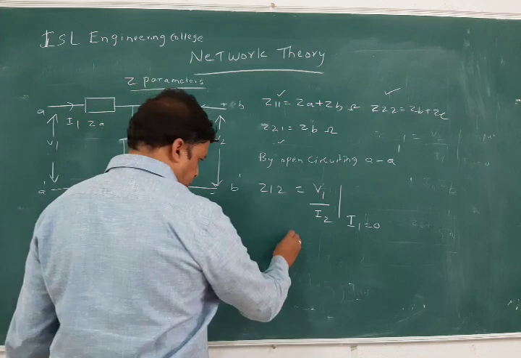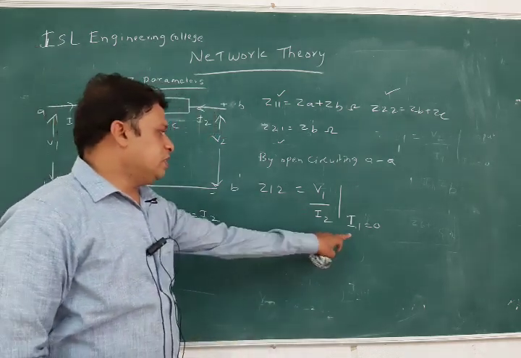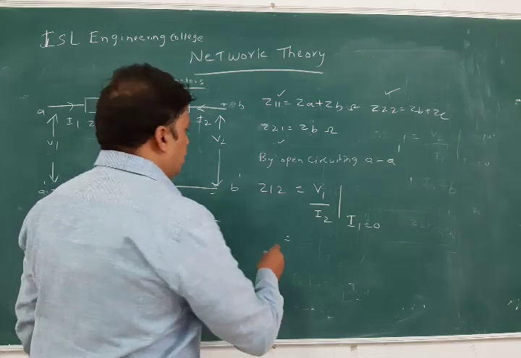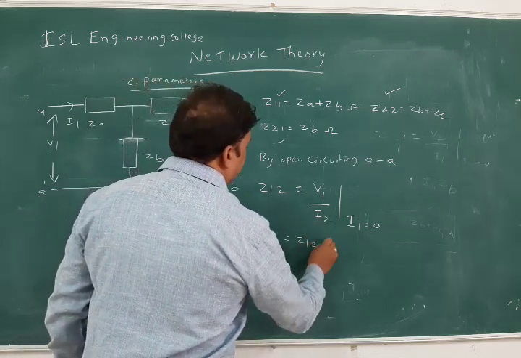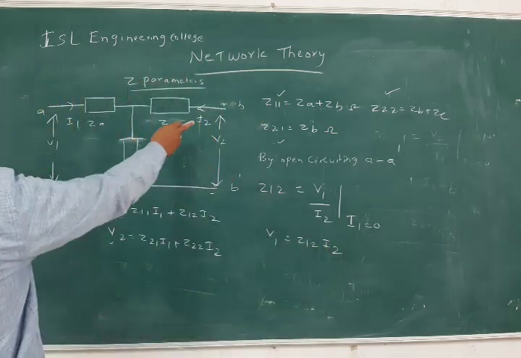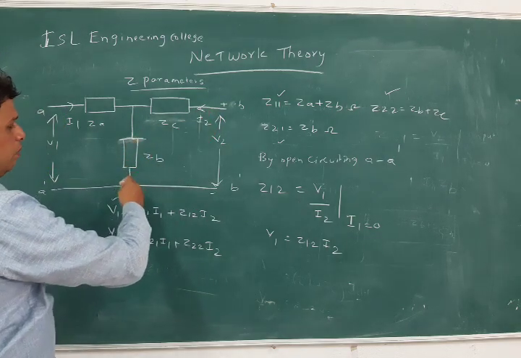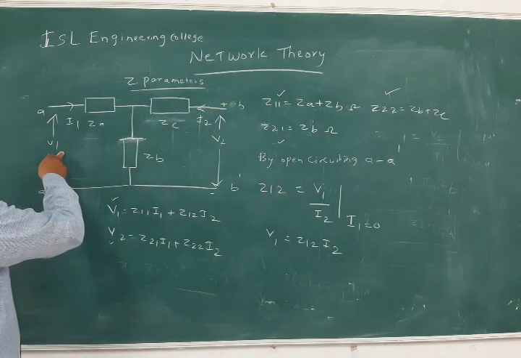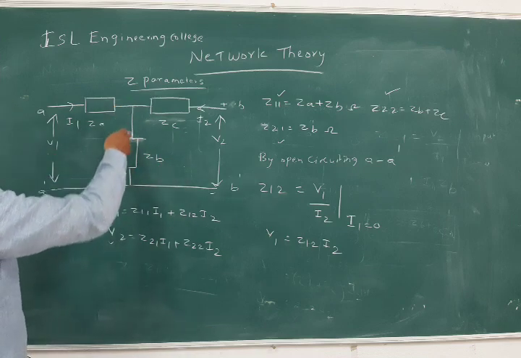Therefore, Z12 is equal to V1 by I2 at I1 equal to 0. Now, V1 is equal to Z12 into I2. If you see here, the current I2 is flowing here, and you have to find out V1, not V2. If you want to find out V1, just this branch is necessary.